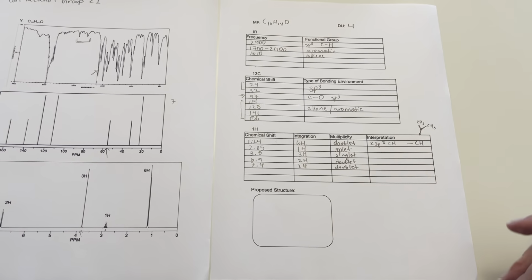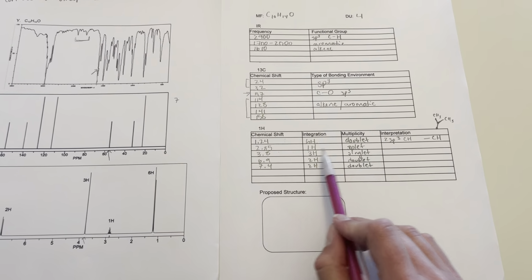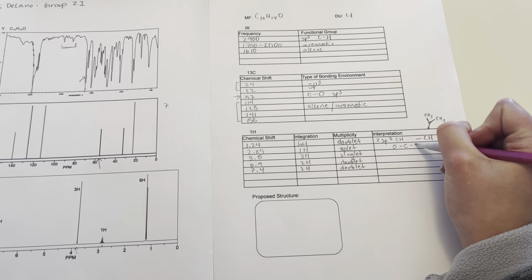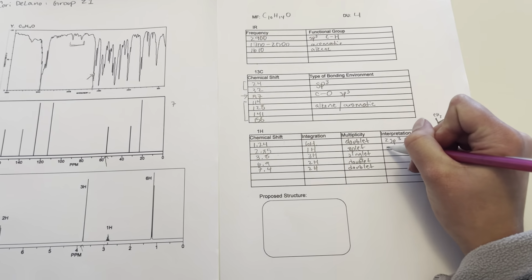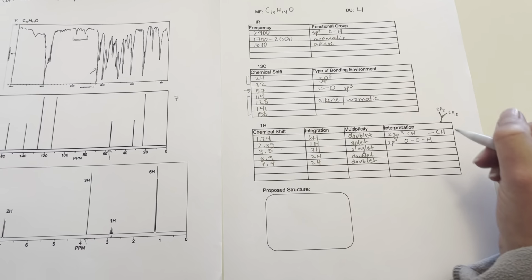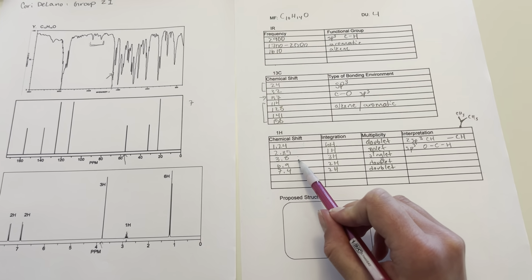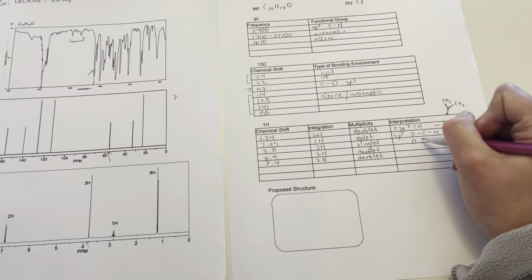The 2.85 here suggests an CH group, and it's sp3. The 3.8 suggests the same thing as a carbon attached to oxygen.